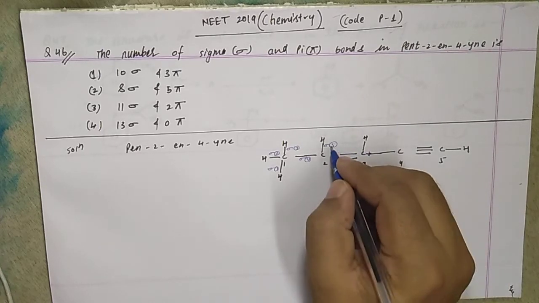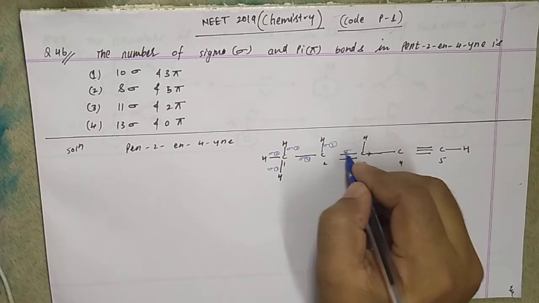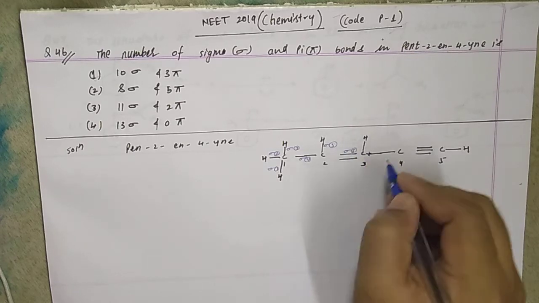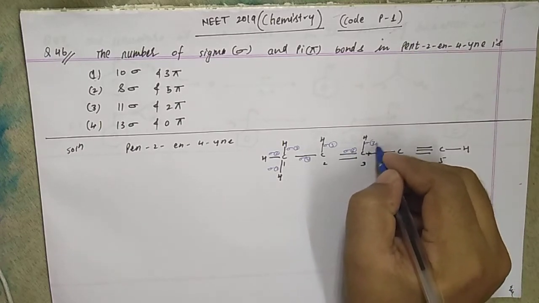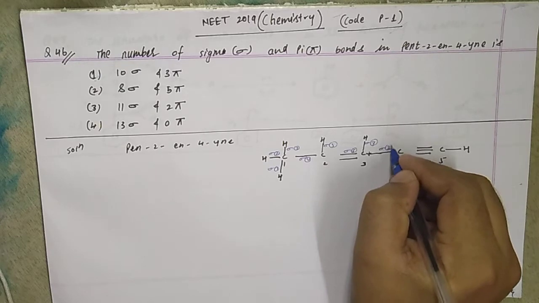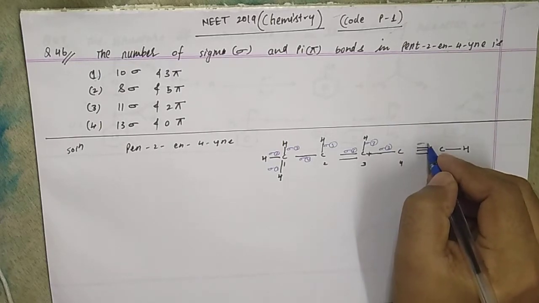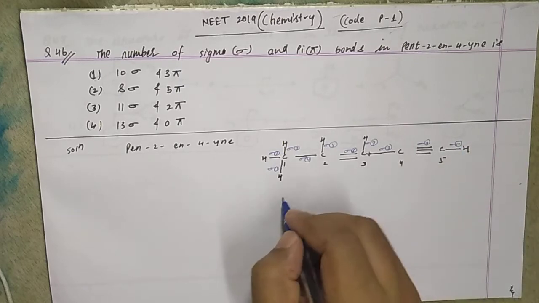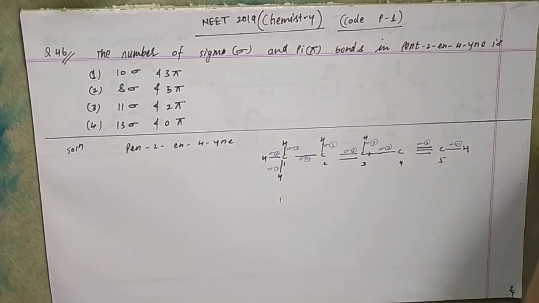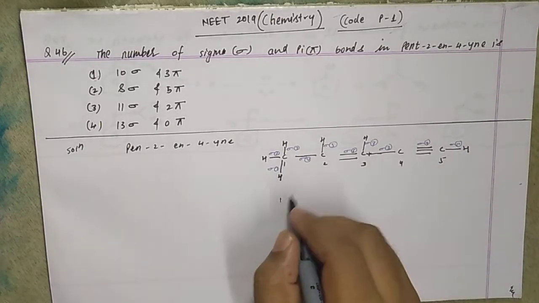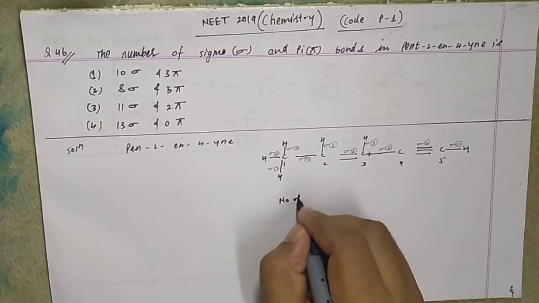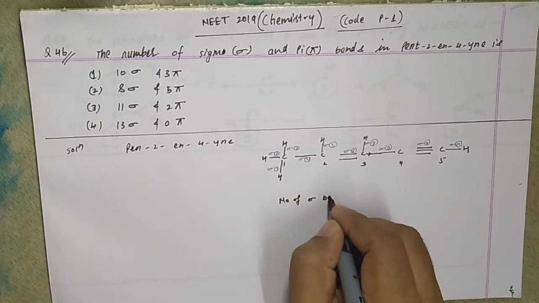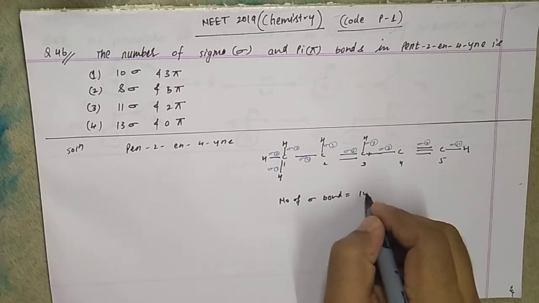So that is sigma 5, here is sigma 6, sigma 7, this is sigma 8, here is sigma 9 and sigma 10. So the number of sigma bonds is equal to 10.